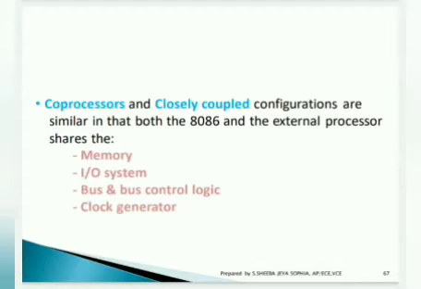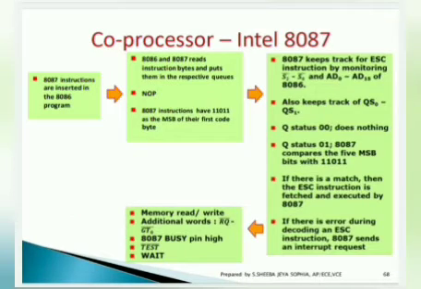So coprocessor and closely coupled configurations are similar in 8086, and the external processor shares the same memory, IO system, bus and bus control logic, and clock generator. You can see in this diagram coprocessor or closely coupled, Intel 8087 is used here. We have also discussed this clearly in the previous topic.